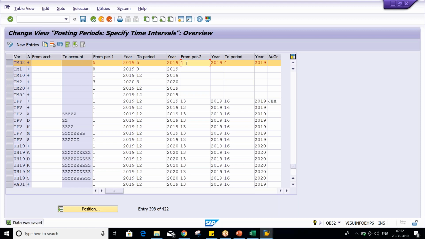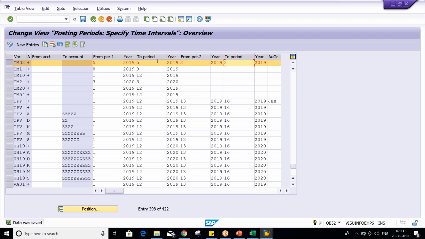Even sometimes what is happening? Consultants will have this responsibility. In some of the organizations, consultants also will have this, like they will open and close the period. Generally, this is given to the end user itself. But if you, as a consultant team, are having these authorizations, and your user says keep the current period as it is and open the third period or open the second period, then what are we going to do, guys?